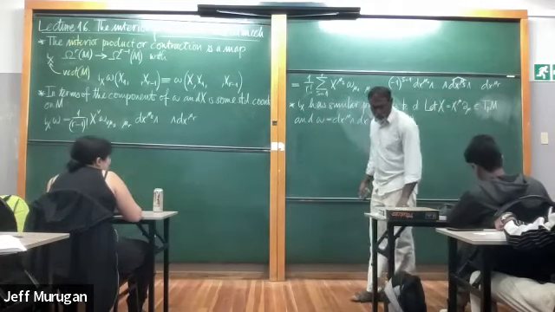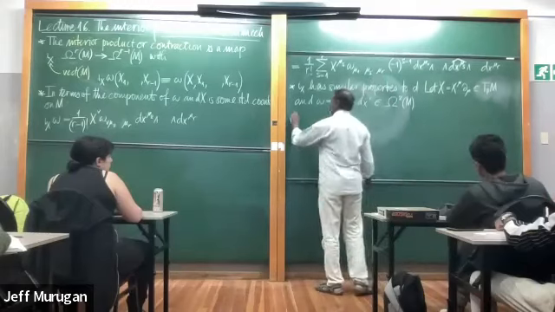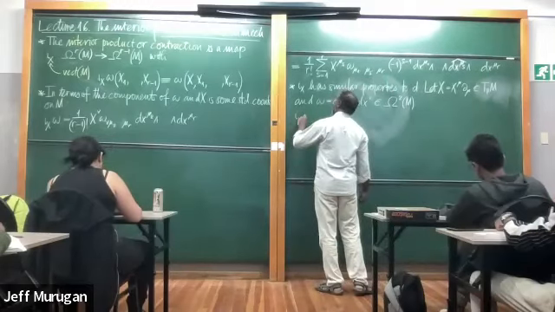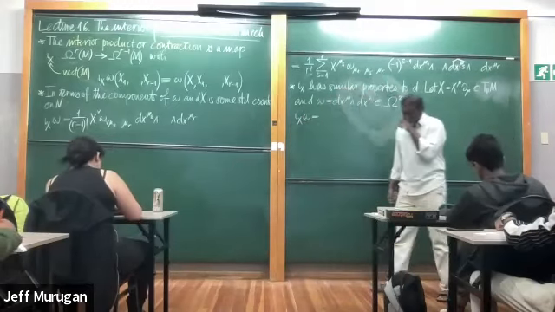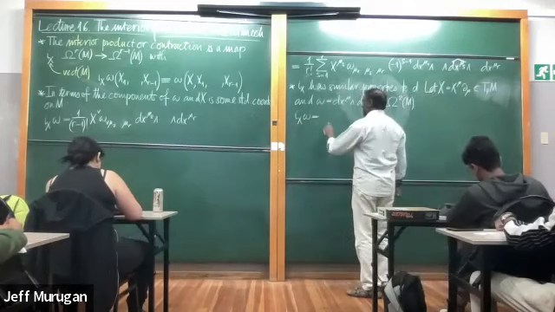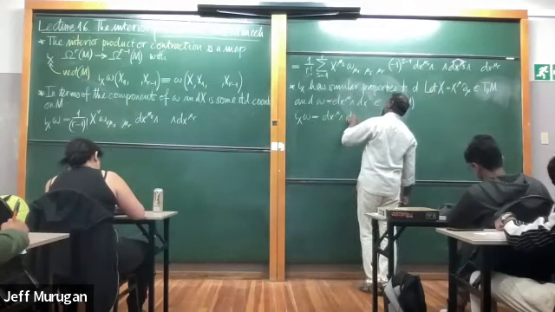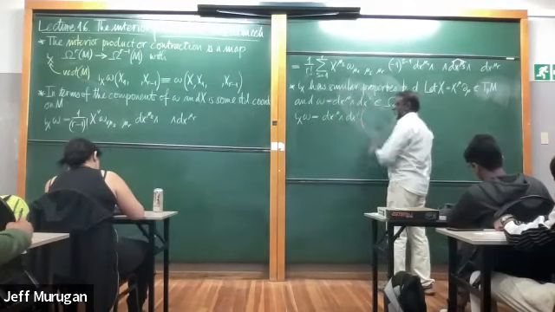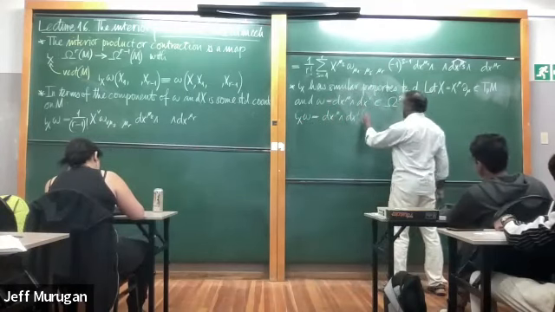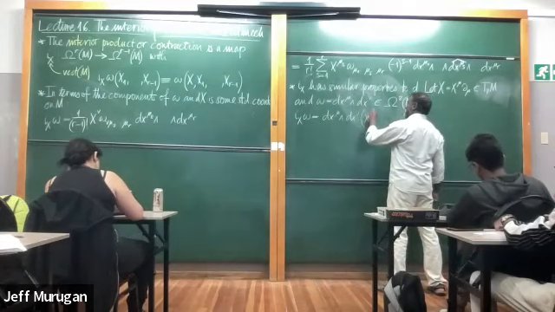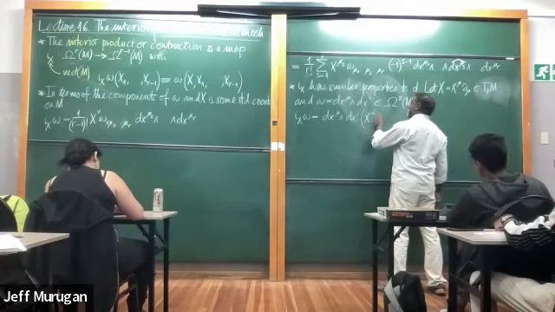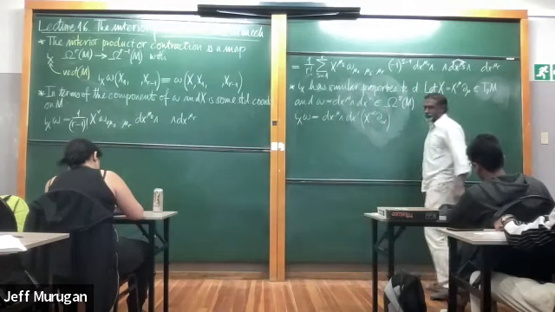And let's see how Ix acts on this. So this is just dx mu with dx nu acting on x alpha, say.